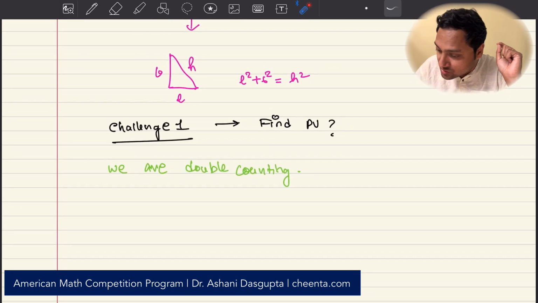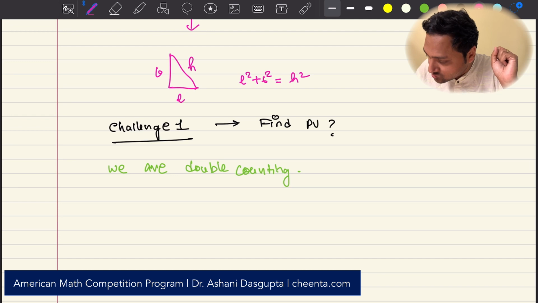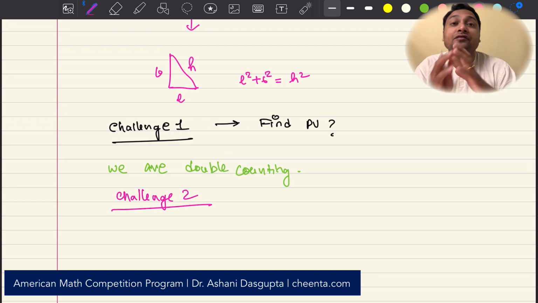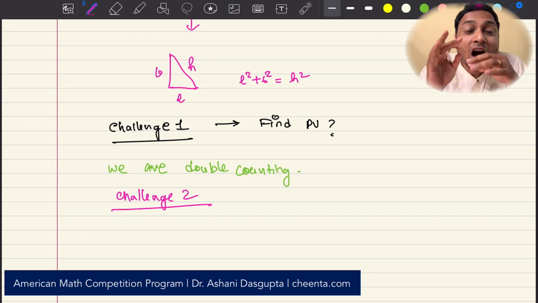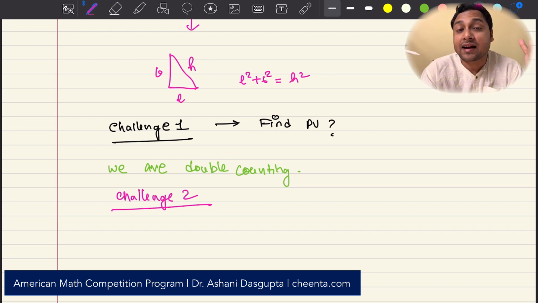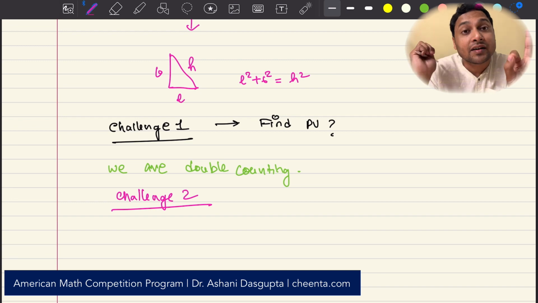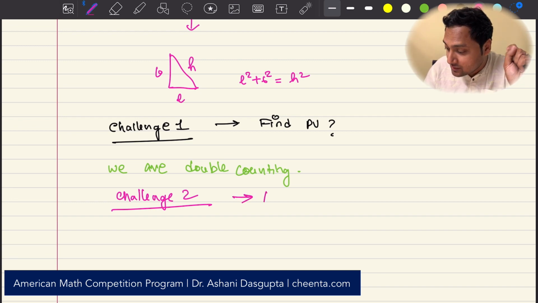Here is the second challenge, challenge 2, and it is just one line from here. How many equilateral triangles are there with P as a vertex?